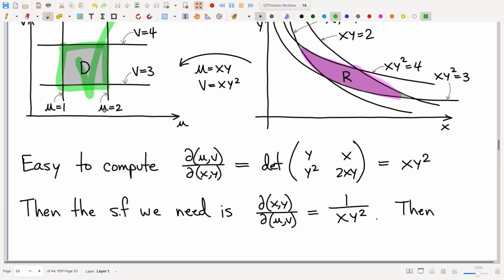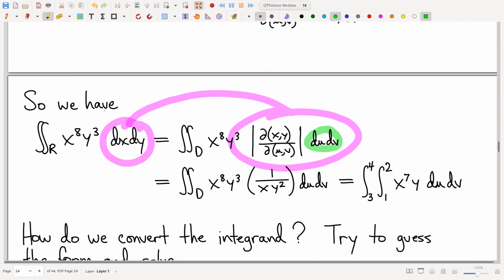Let's see here. What is it? Let's think out loud. What would I put in here? What would I multiply by du dv to get dx dy? And, well, just put in here what it sort of has to be in order to get the cancellation to make it work. And again, that's not a real cancellation, but it will always guide you in the right direction.